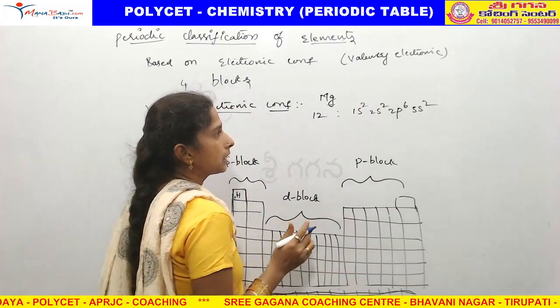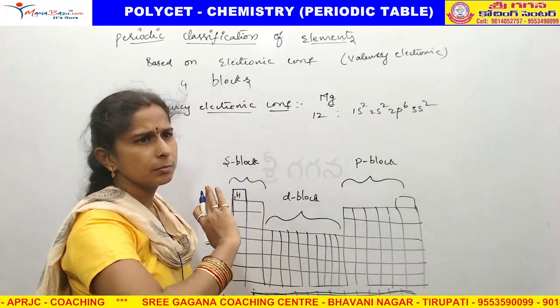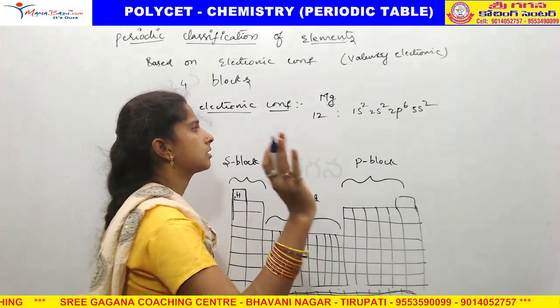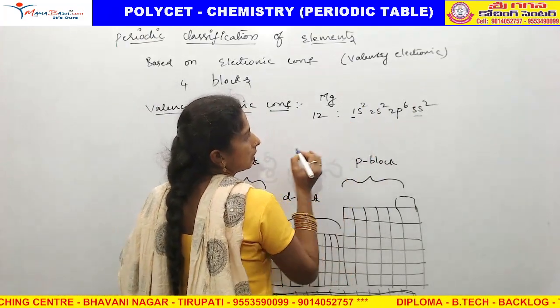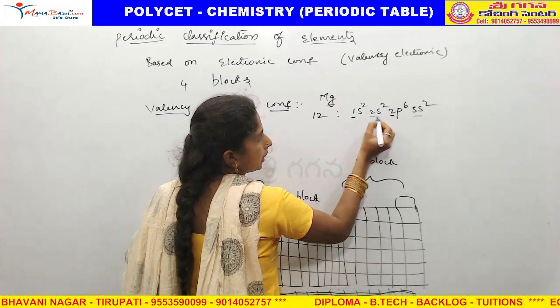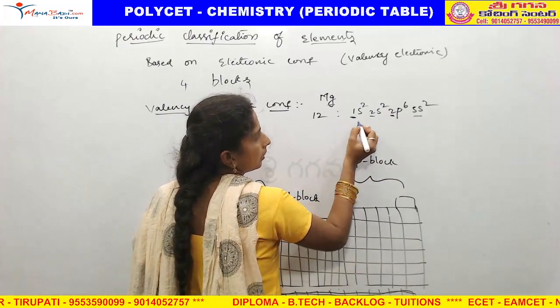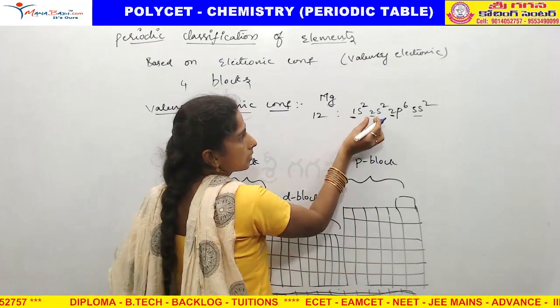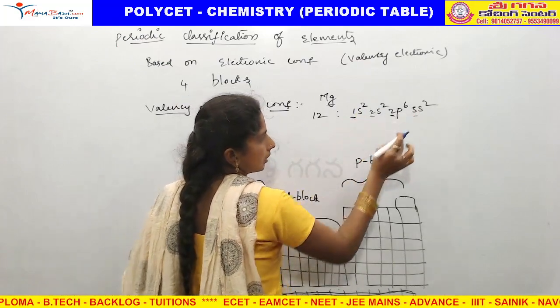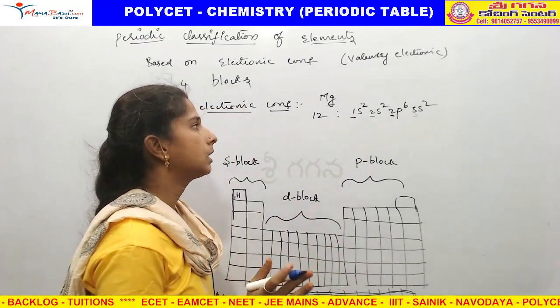Okay. What is the valency shell? Valency shell means the final shell, the last shell. This is the third shell. This number indicates the number of the shell, and this number indicates the number of electrons. So first shell, second shell, third shell. What is the final shell?